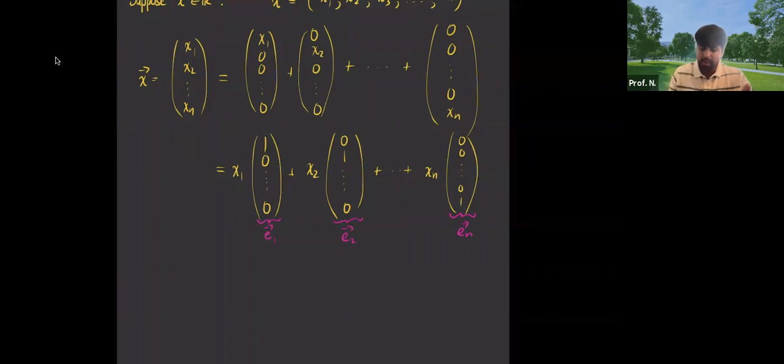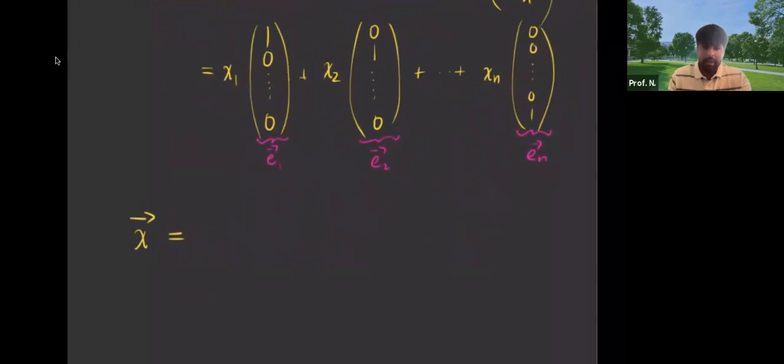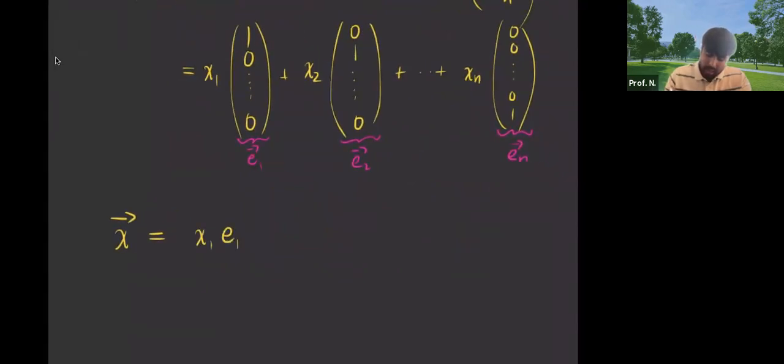And this sum, the way I just wrote this out, is what's called a linear combination. It's like saying I have a sum of the scalar multiples of E1, E2, and E3. That's what a linear combination is: a sum of scalar multiples of vectors. So I could have written x, the arbitrary vector that I'm given, as x1 E1 plus x2 E2 all the way to xn En.